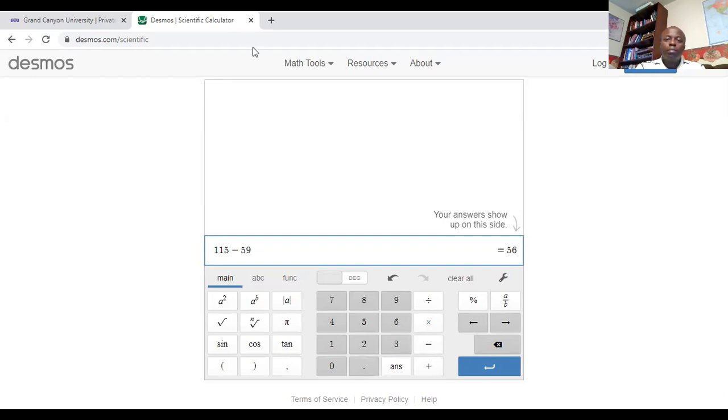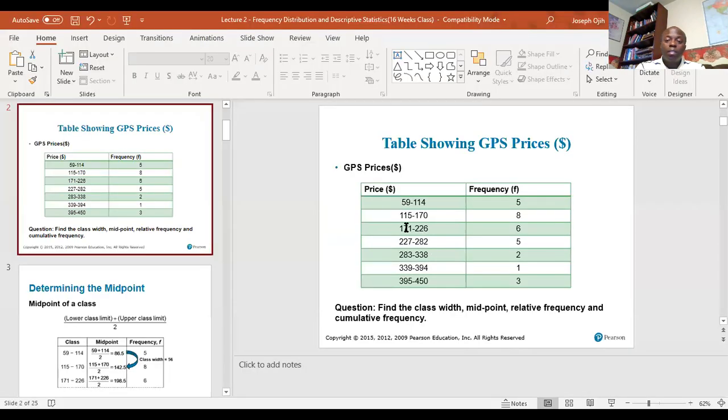Let me show you again. The next class interval we have is 171 to 226.